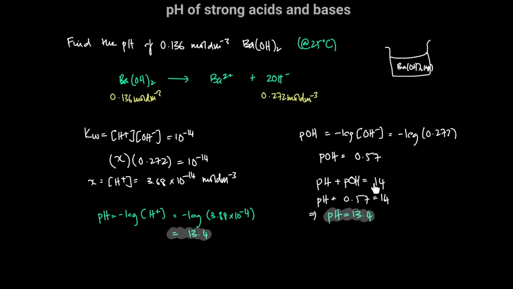This expression pH plus pOH is equal to 14 is derived from the ionic product of water at 25 degrees Celsius.